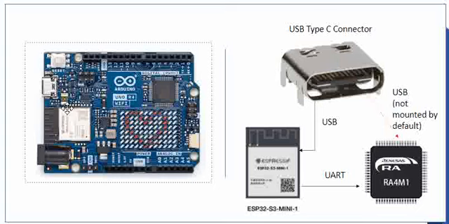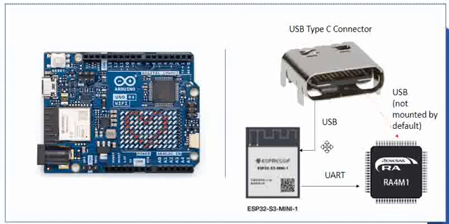Okay, now that means from the USB, you don't have USB directly connected to this. You have, in fact, an ESP32 chip, which actually is a wireless chip. It also is helping us to act as a USB to UART bridge. Similar to Arduino Uno R3, where we had the ATmega chip itself acting as USB to UART bridge, there is also an option where USB is directly connected to RA4M1.